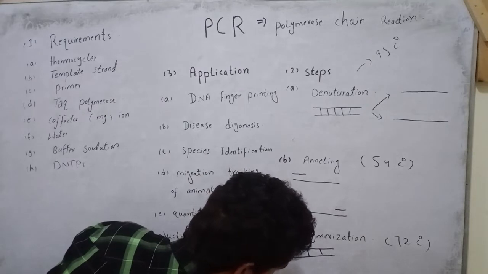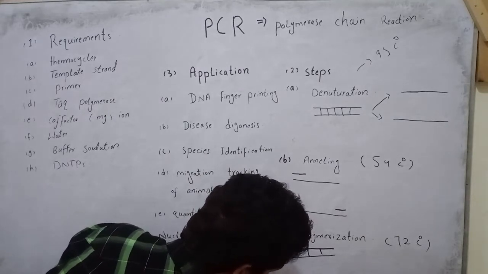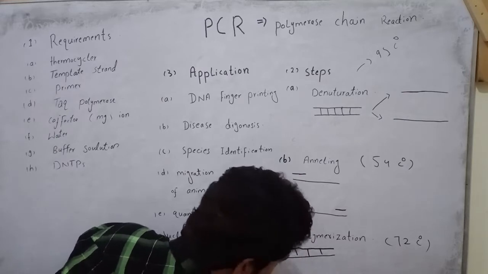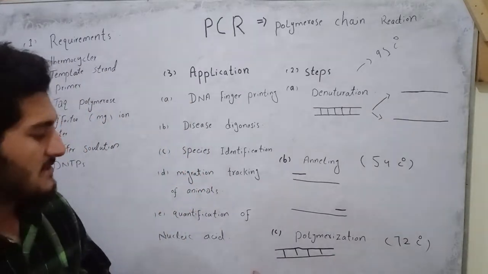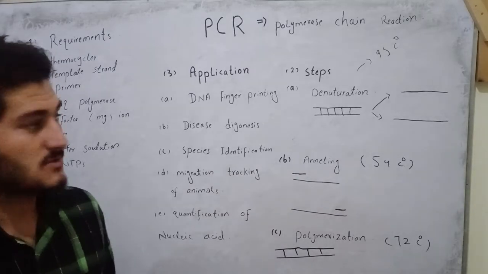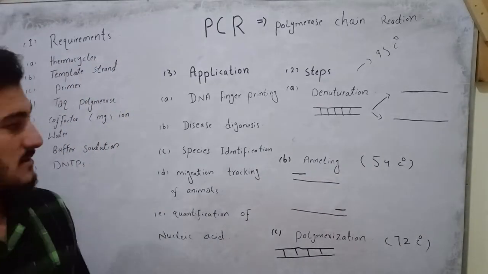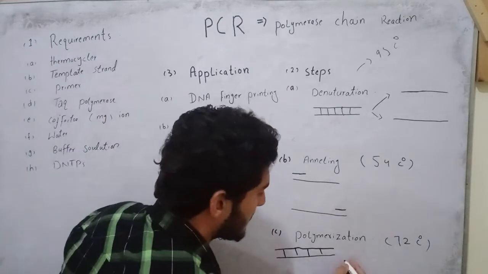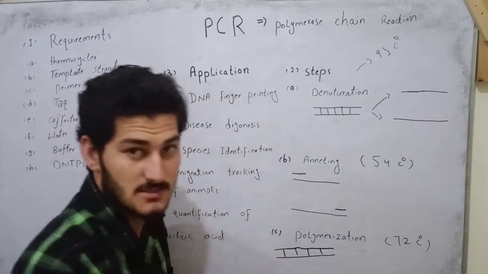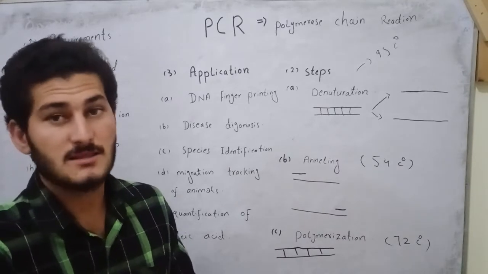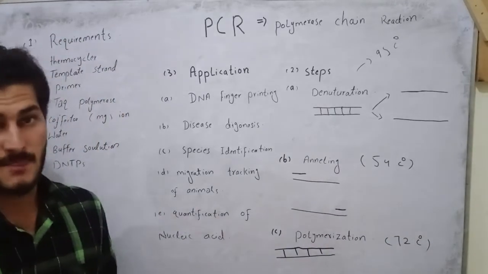Also here. So two DNA molecules are produced from a single DNA molecule. So this is one cycle of polymerase chain reaction. In another cycle, these two DNA molecules are separated, denaturation occurs, then annealing, the primers are attached, and then polymerization occurs.